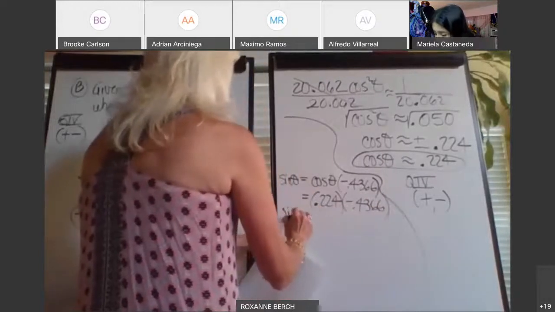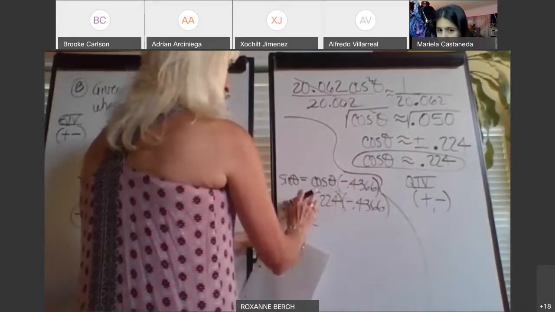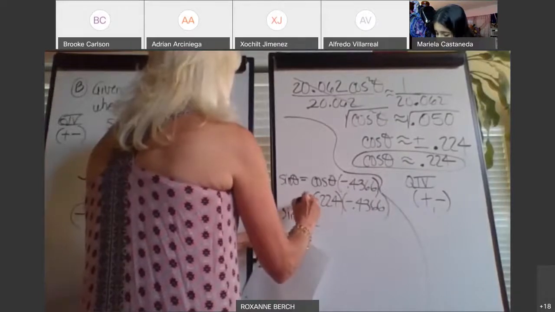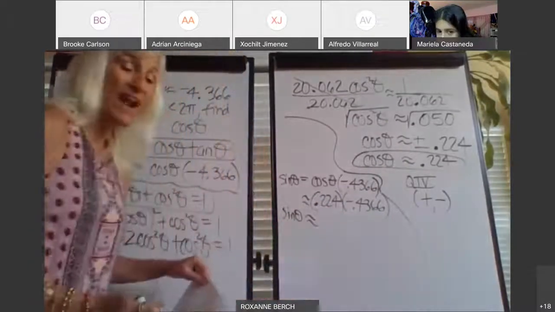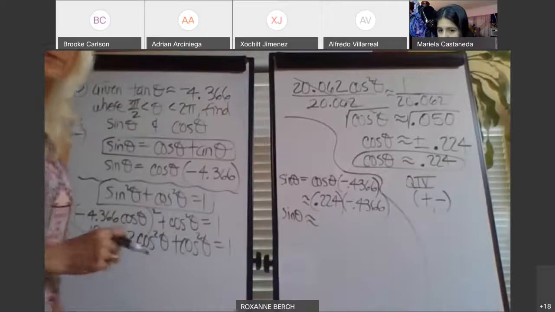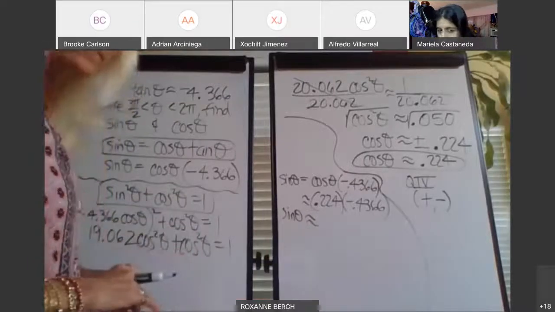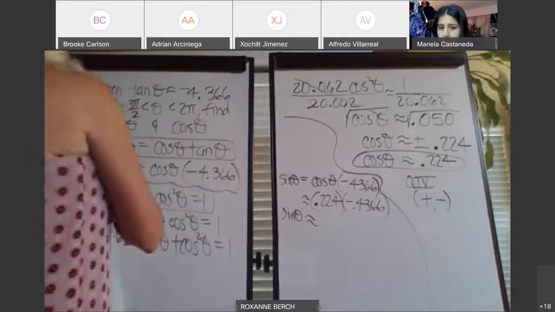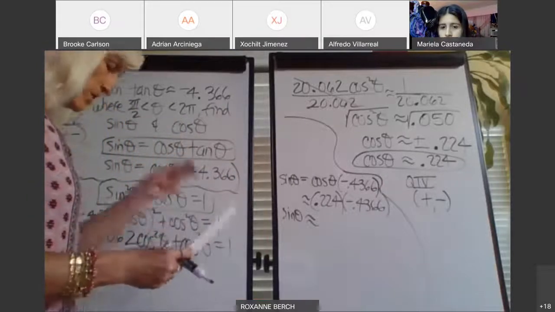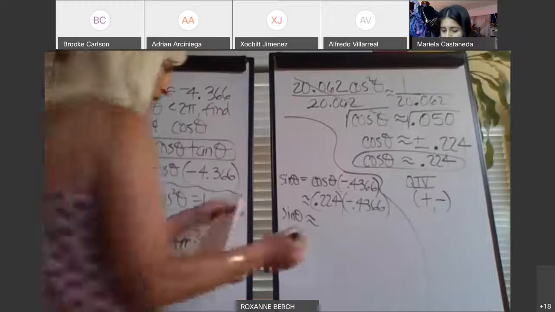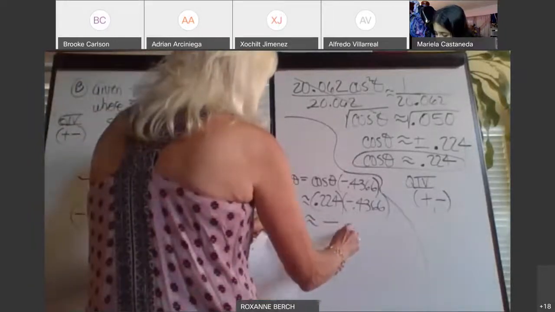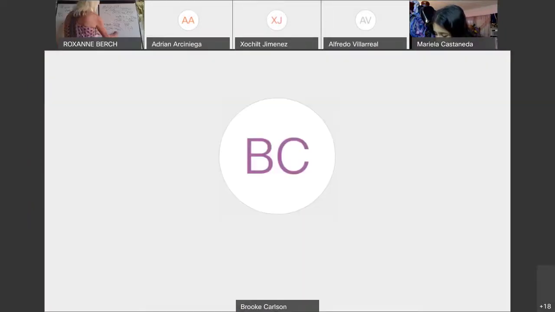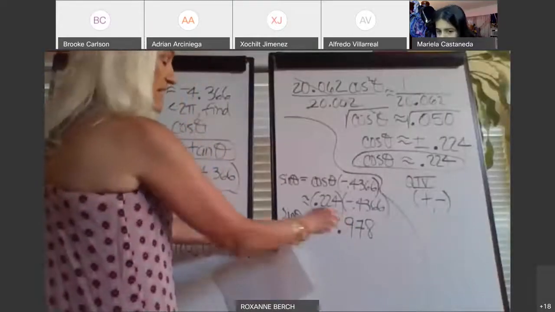And so what's sine? And it better be negative, right? It is negative, and it should be negative. So see, I'm always kind of checking myself. It's in quadrant 4. All right, so what is that? It's negative what? It's about negative 0.978.